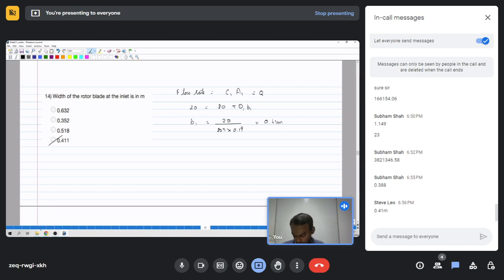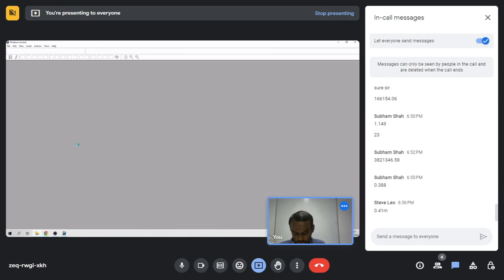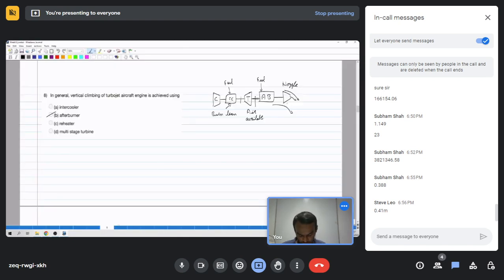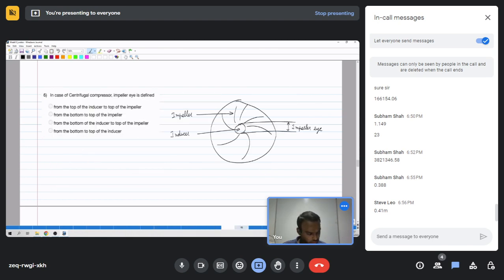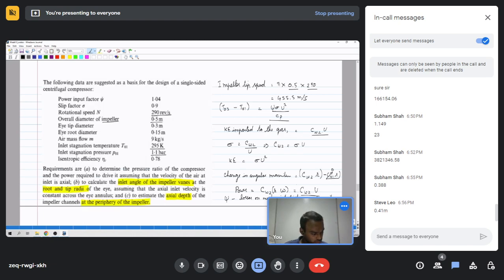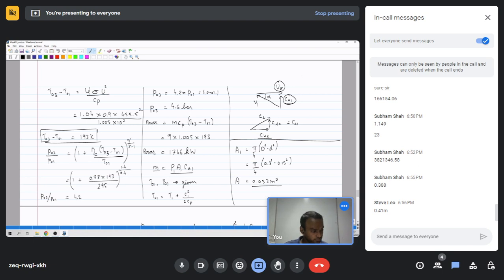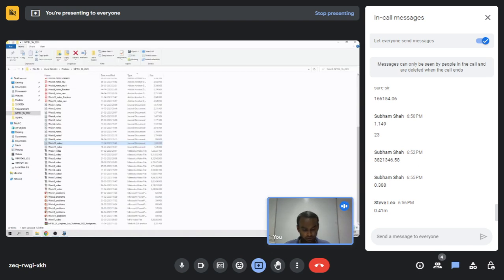Okay, now since someone asked for the velocity triangle, I think it's better that I prepare well for the velocity triangle and come back.